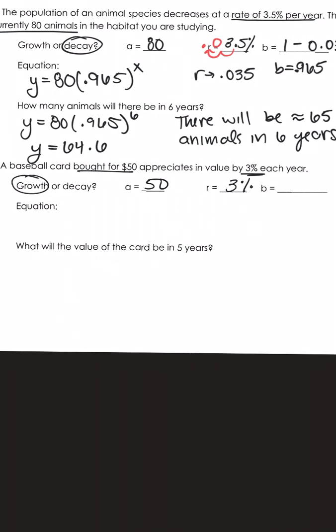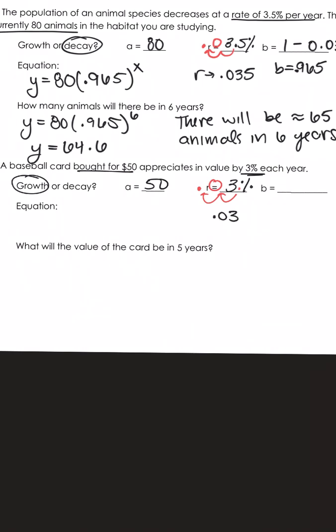So my R is 3%. I need to turn that into a decimal. So right now, my decimal would be right here. I need to move that over 2 spaces. So I end up with an R value of 0.03.